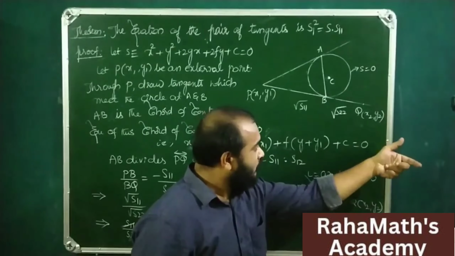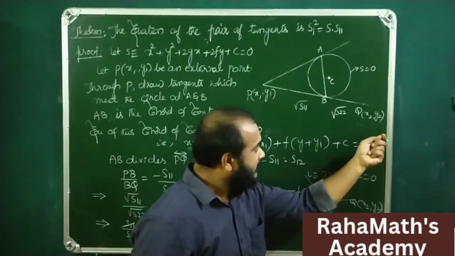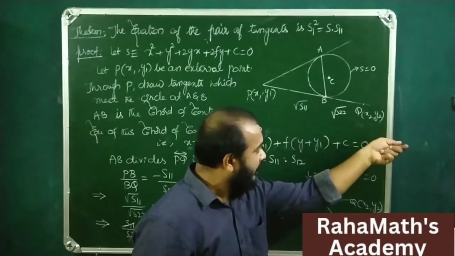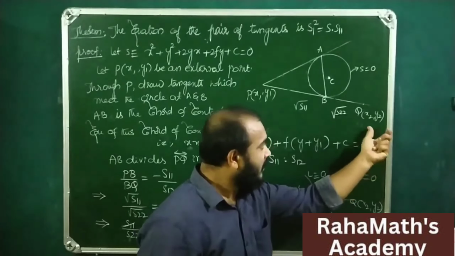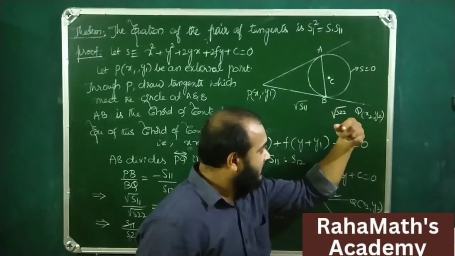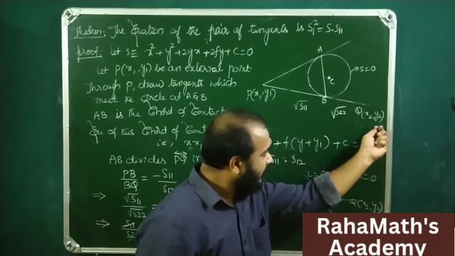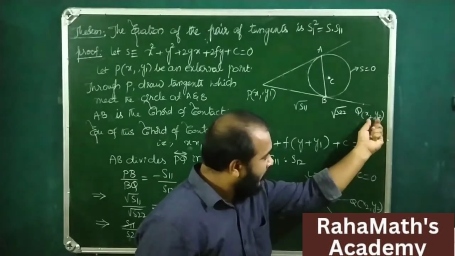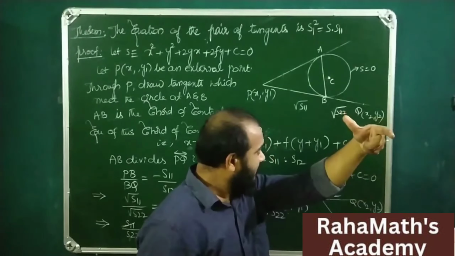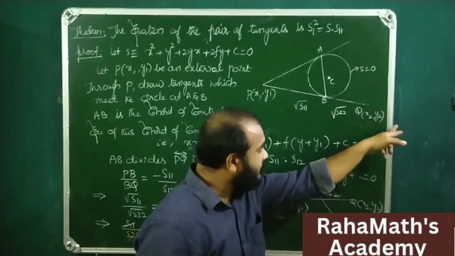So the locus of P(x1, y1) is simply replacing x1, y1 by x and y. That was the answer. Here, instead of x1, y1, we need to replace by x2, y2. Simply, we used to remove the ones earlier, so we need to remove the 2s here.